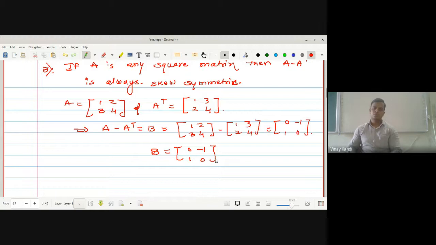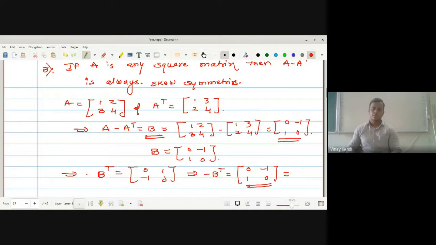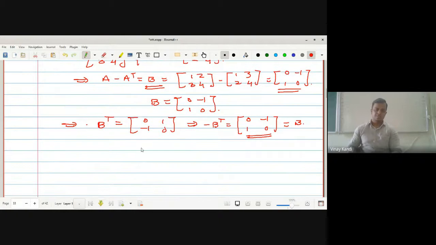So what is B transpose? 0, 1, minus 1, 0. So this implies minus B transpose. Multiply with minus 1 to all the elements: 0, minus 1, minus minus, this was plus 1, and this one is 0. But what is this one? Matrix B. So this implies B is equal to minus B transpose.